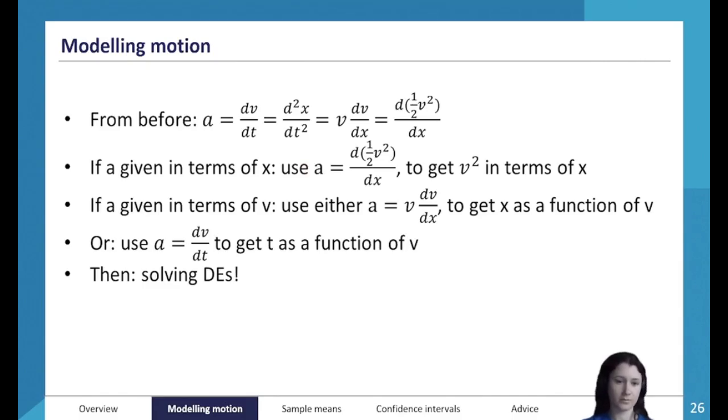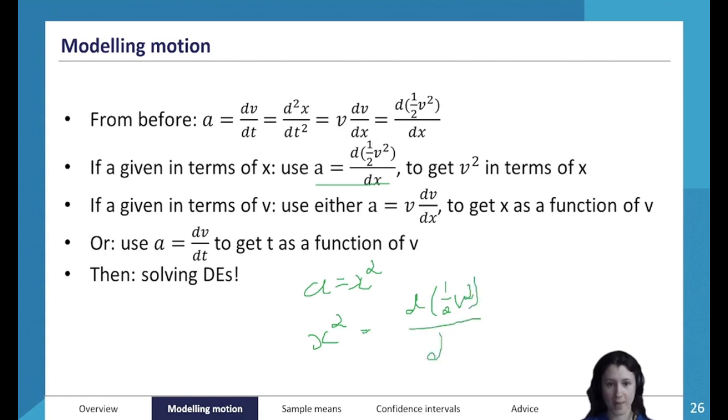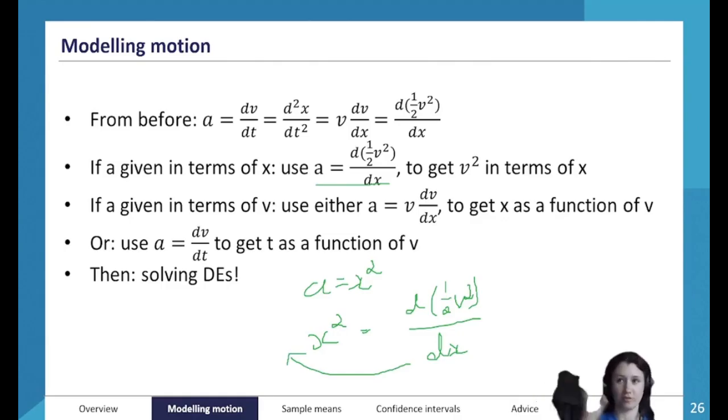Alright? So say you have a is equal to x squared. This is what you're given in the question. If you use this formula, you can go, well, a, x squared, is on the left-hand side, equal to d half v squared on dx, and then you can use some differential equations. So you can take this up and say that that's x squared dx and solve it from there.